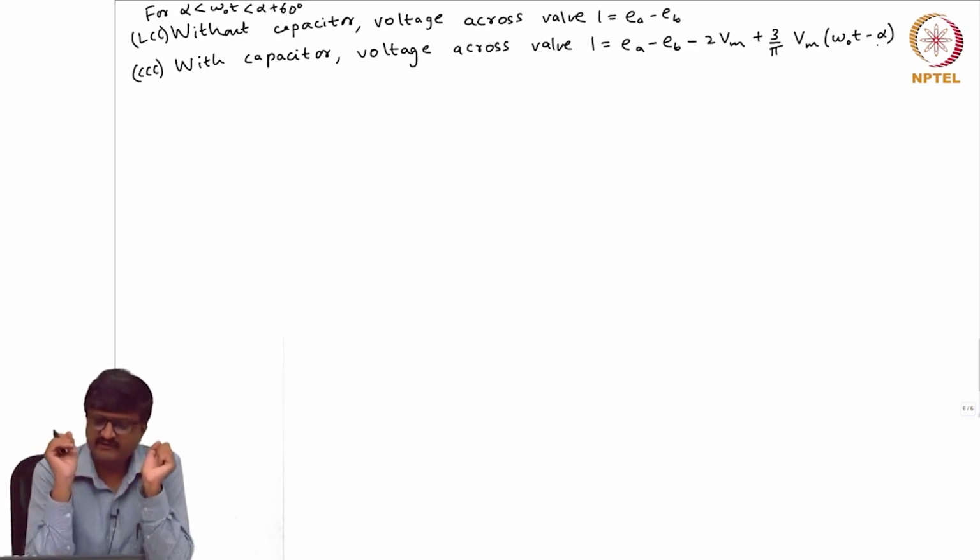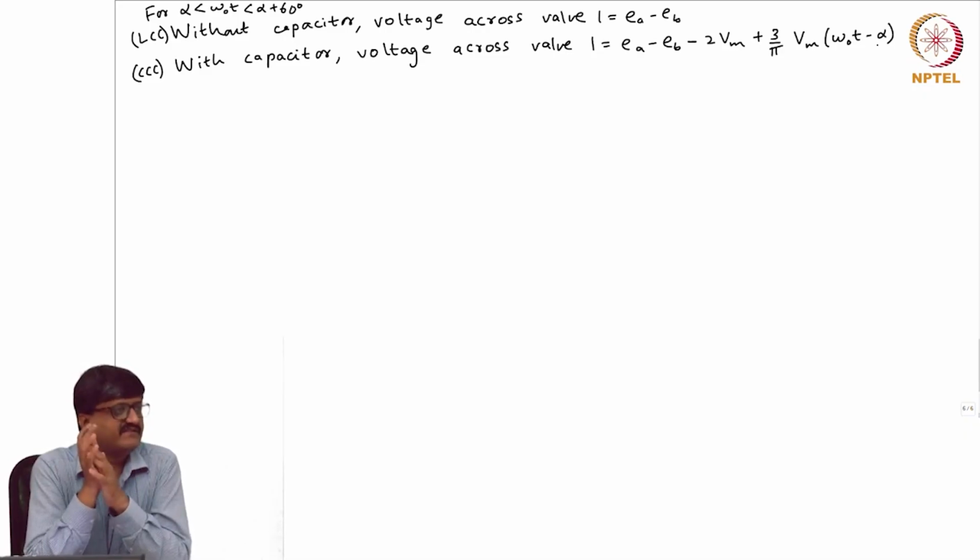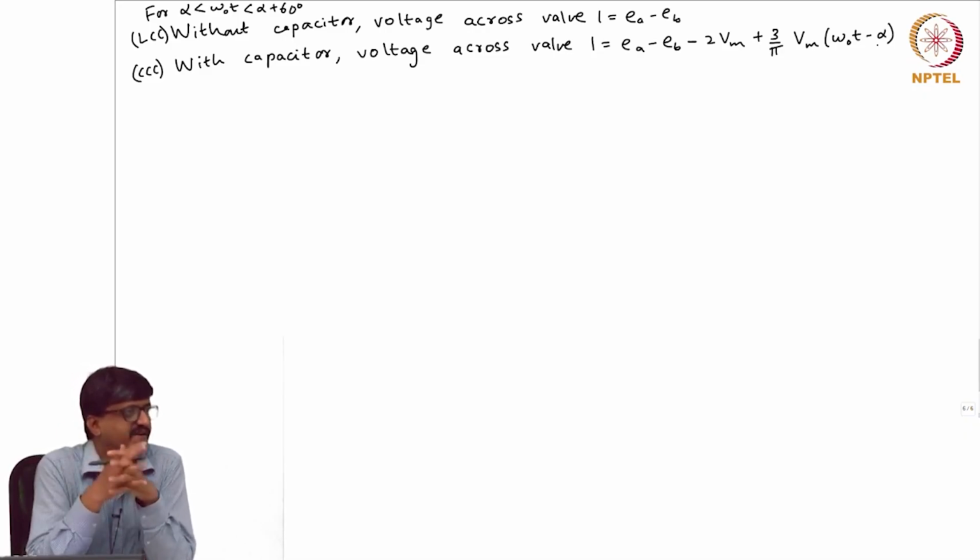Now, what we want is for the voltage across valve 1 to be as negative as possible, for as long a duration as possible.